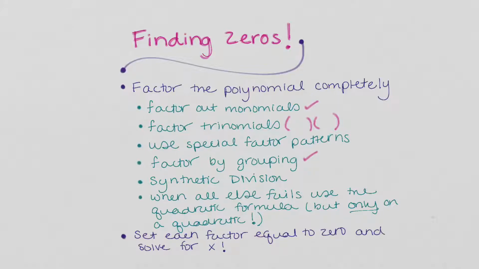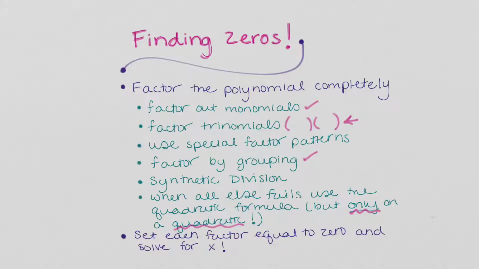If synthetic division has failed, if you have a quadratic and you have tried factoring it into trinomials, you can always try the quadratic formula. Remember that you can only use that with quadratics, but you can certainly look for irrational roots with the quadratic formula because those are still zeros. As long as they're real solutions, they're still zeros.